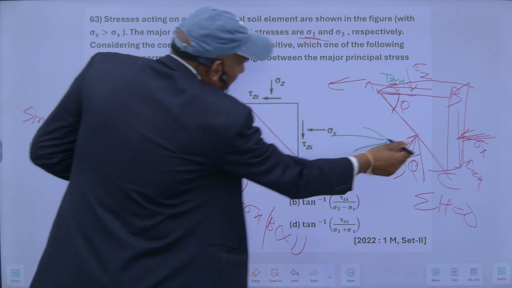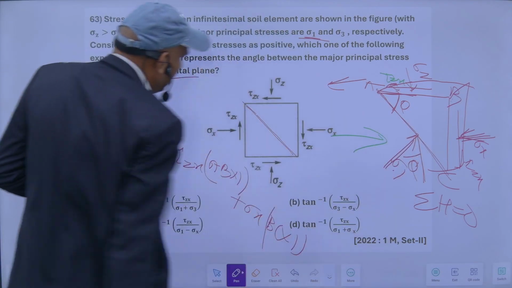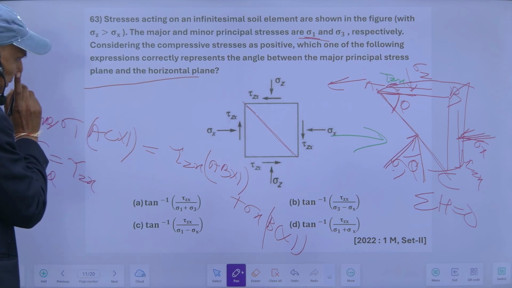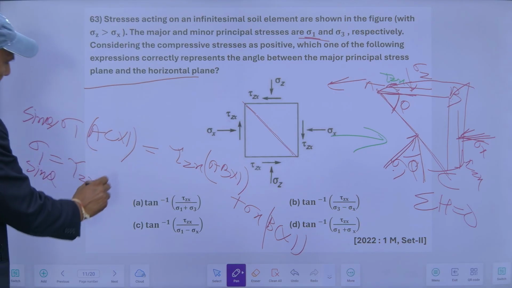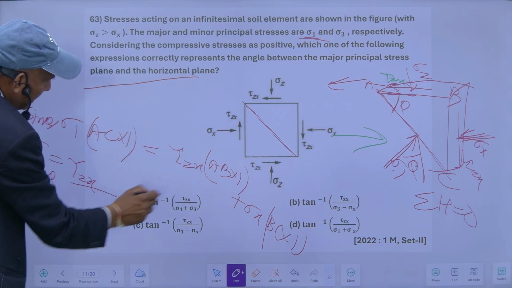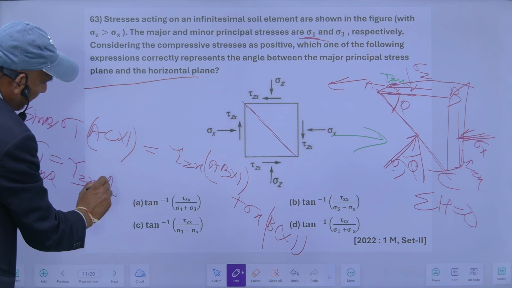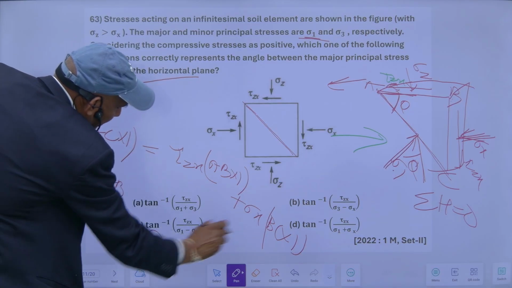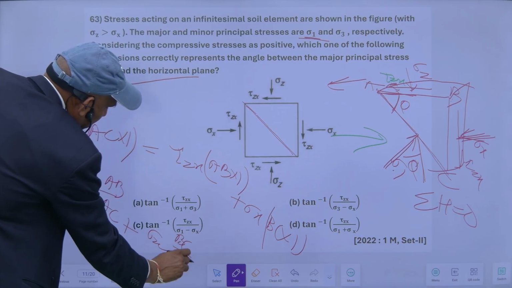So its component will be sine of this angle theta. It will be sigma 1 sin theta is equal to tau Zx, if I divide it by AC, then tau Zx into AB upon AC plus sigma x BC upon AC.